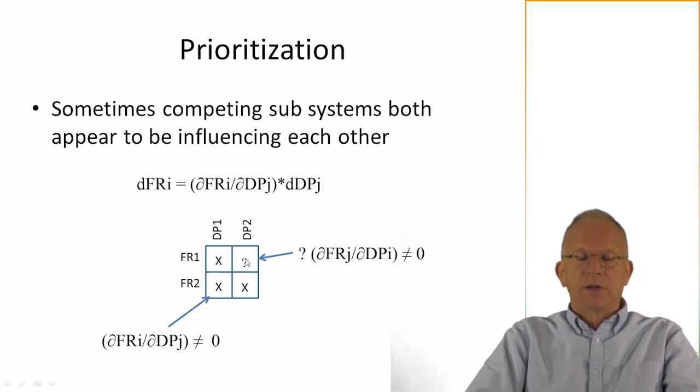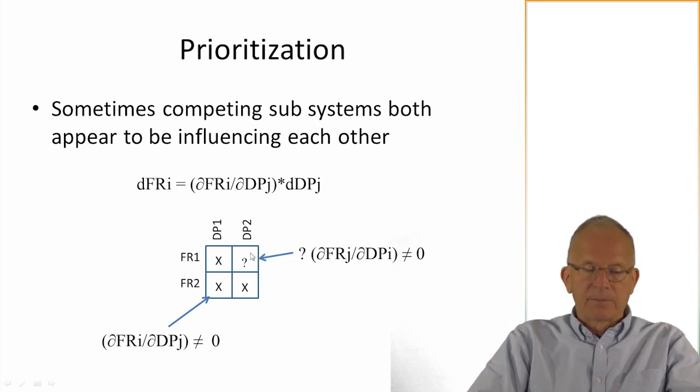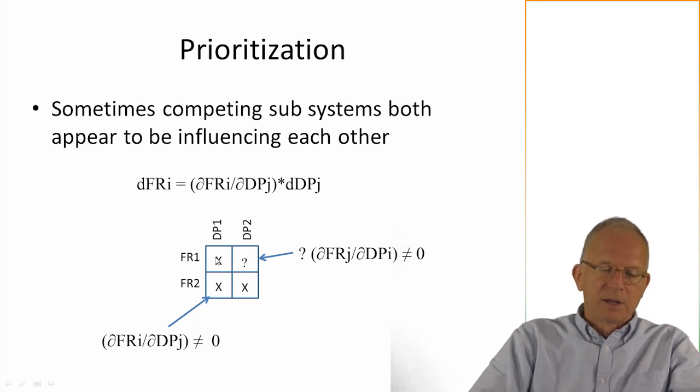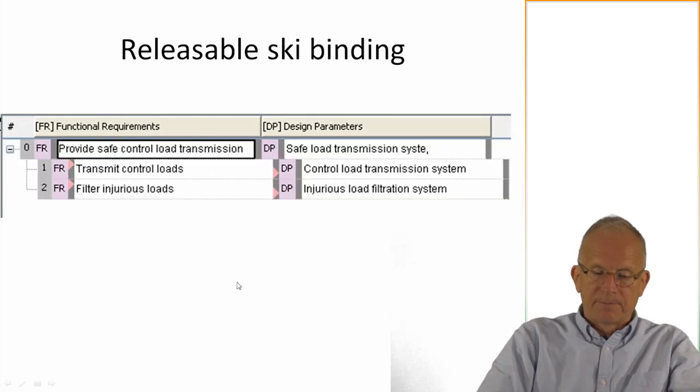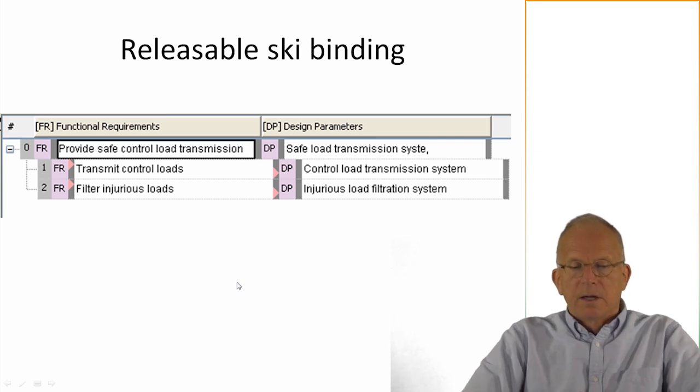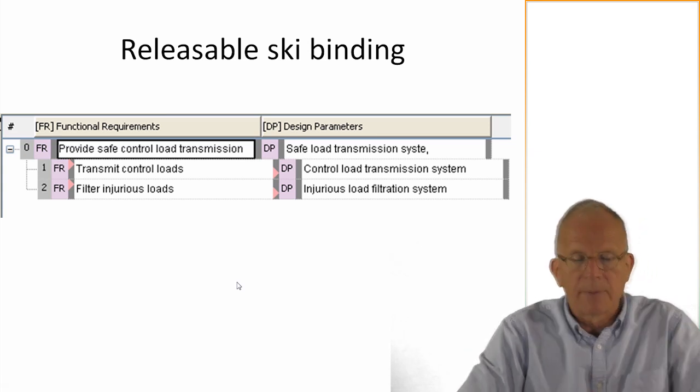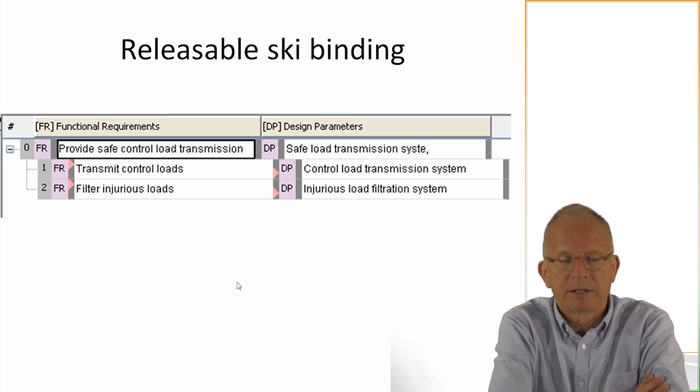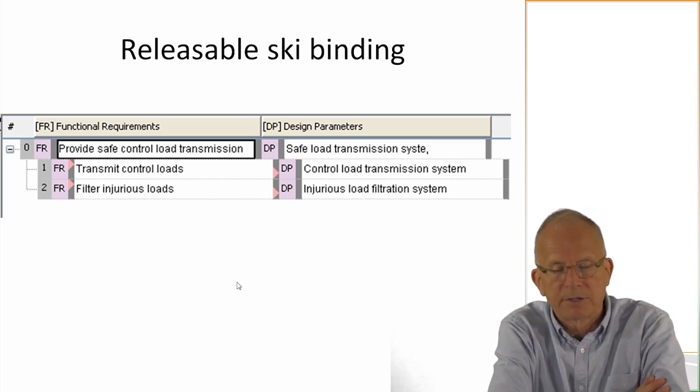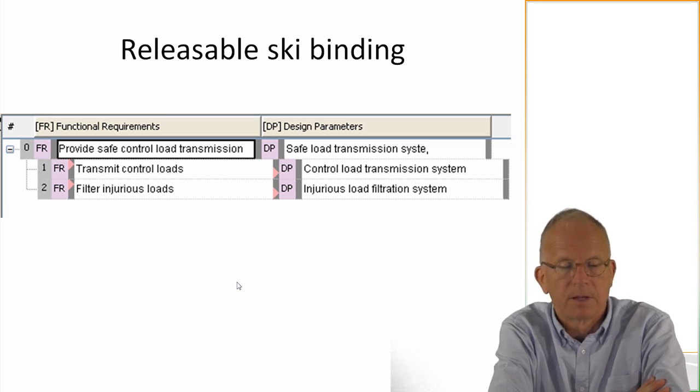For example, should the environmental aspects be influencing the power or not? So here's one. Now, releasable ski bindings have been around since the late 1940s in some form or other, intentionally releasable.